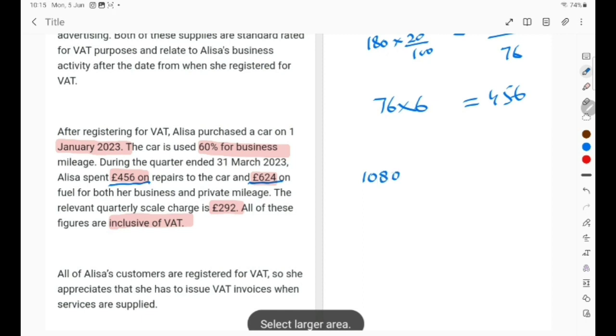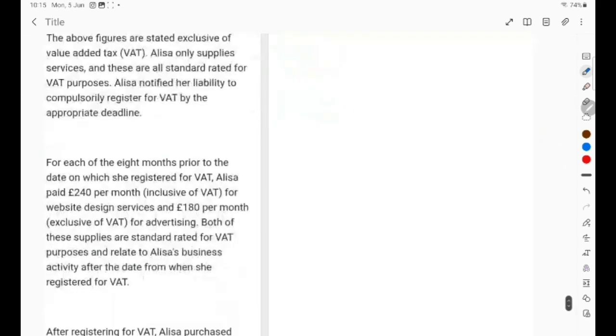And these amounts are inclusive of sales tax. So 1080 multiplied by 20 divided by 120, or you can simply divide it by 6. So 180 is the amount that she can recover.